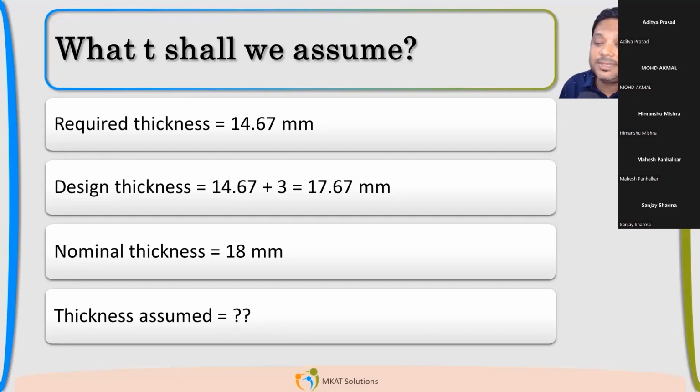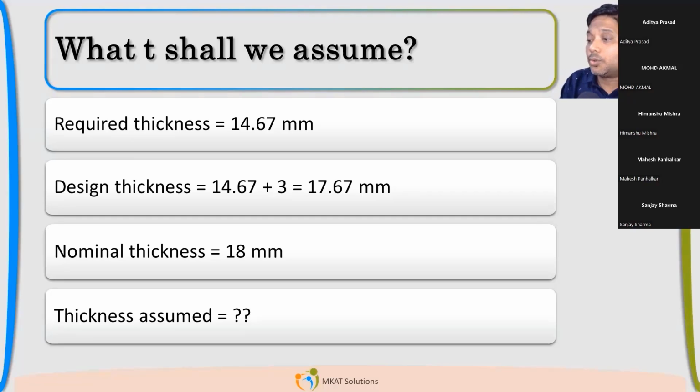Now you have these thicknesses available from the internal pressure calculation. Tell me what thickness you will assume. You can assume anything, the code is not prohibiting it. But if you select the wrong thickness, you may end up doing lots of iteration which may not be required. So why go for iterations? Select the right thickness.